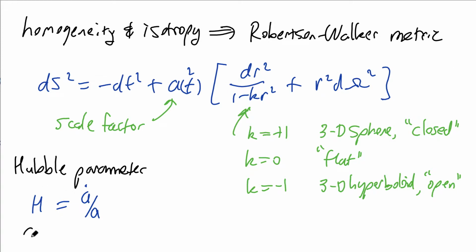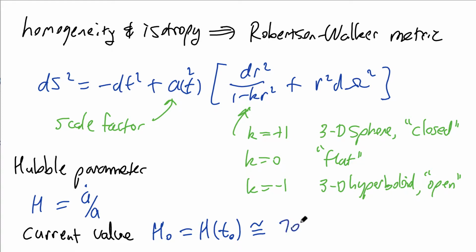And the current value of the Hubble parameter, which we call H naught, so this is H evaluated at the present time, which we call t naught, is about 70 kilometers per second per megaparsec. This number comes from observations, and because it's positive, that implies that a dot is positive, so we observe that the universe is currently expanding.